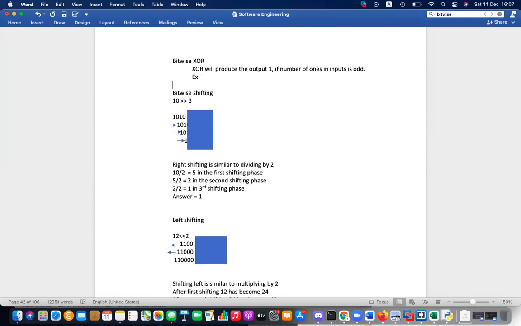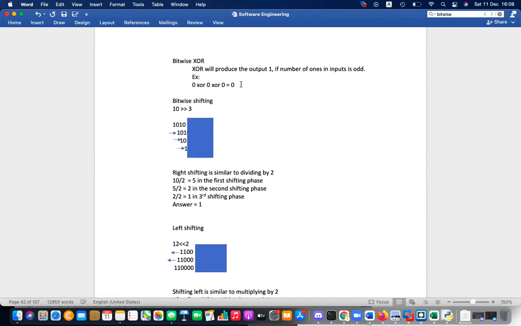Example, 0 XOR 0 XOR 0 is 0 because no ones. But you can say 0 XOR 1 XOR 0 is 1 because the number of ones is 1.